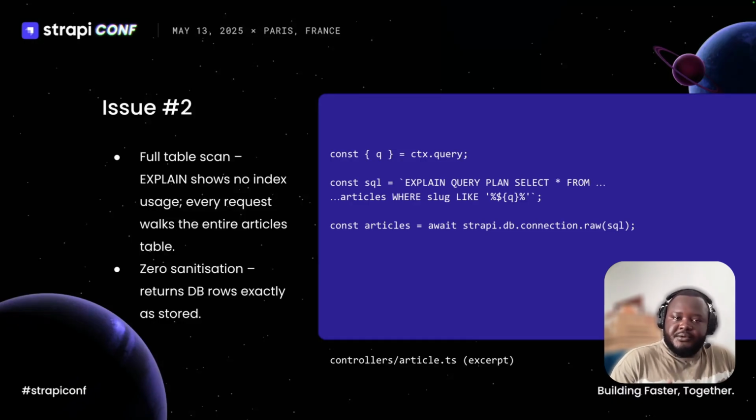Now, what you're going to see when you get the output of the query planner is you're essentially performing a full table scan of this data that you're trying to query. Ideally, in some cases, some of the fields that you're going to try to query, and depending on how you're querying them, in this case, you're trying to search by slug. There may be situations where an index for the slug has not been created, and as a result, you're performing full table scans each time to be able to search for the data that you're looking for. Again, if this is a huge data set, it can be very costly.